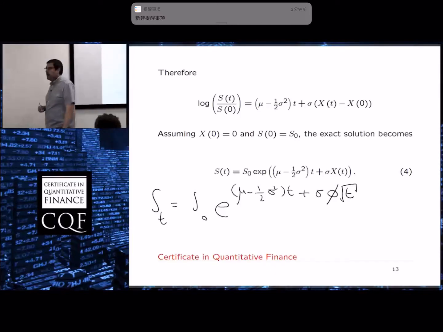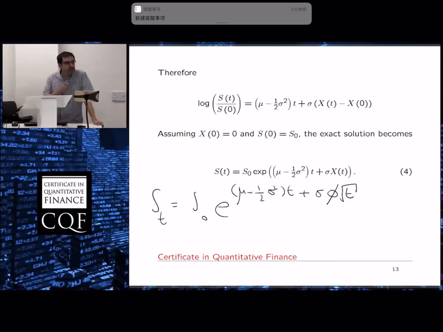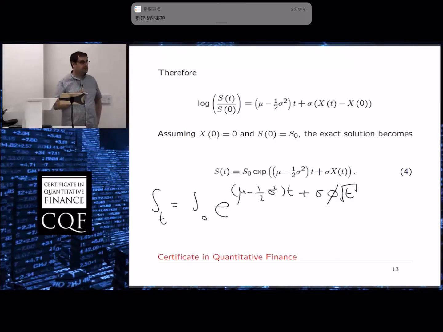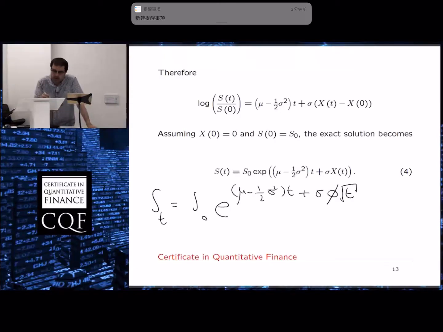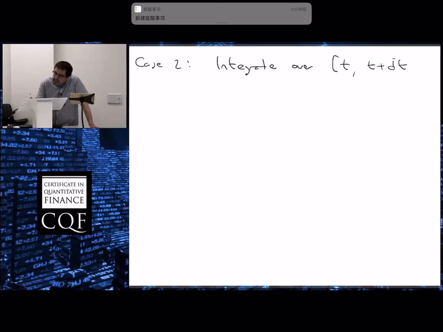So what I'll do is I'll write down a couple of other examples. Suppose instead of integrating between 0 and t, we integrated between t and t plus delta t, or dt. So let's go to a blank screen and fit that in. Case 2, that was case 1. Case 2, we now integrate over t and t plus delta t.